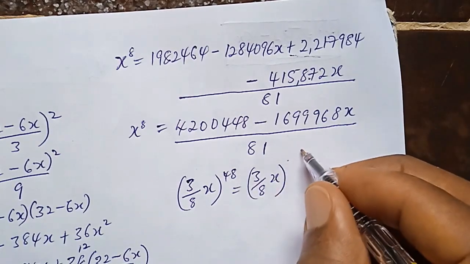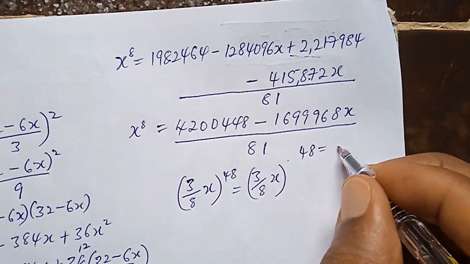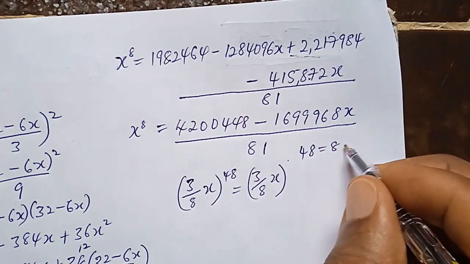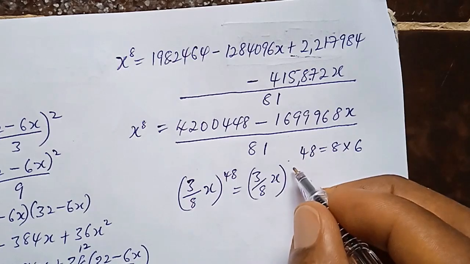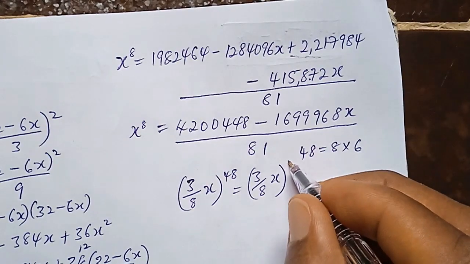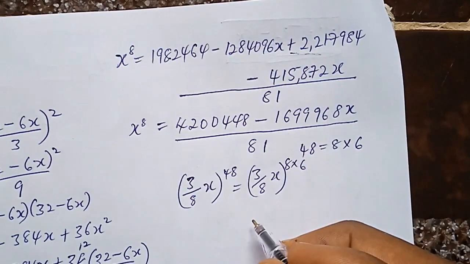This 48 can be written as 8 multiplied by 6. So we replace that here. So we have 8 multiplied by 6.